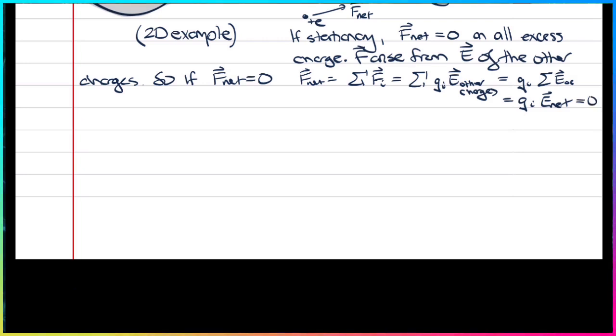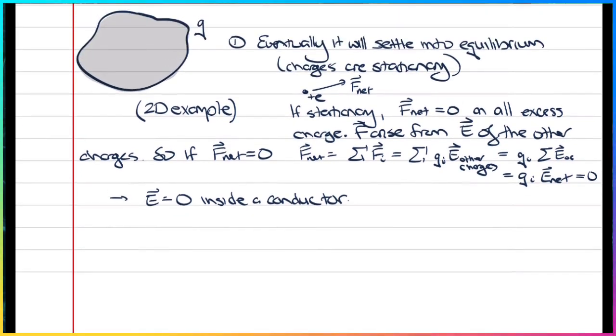But we just said that that's 0. So that implies that E is 0 inside a conductor. Again, the argument is that if the charges are stationary, then there cannot be a net force.